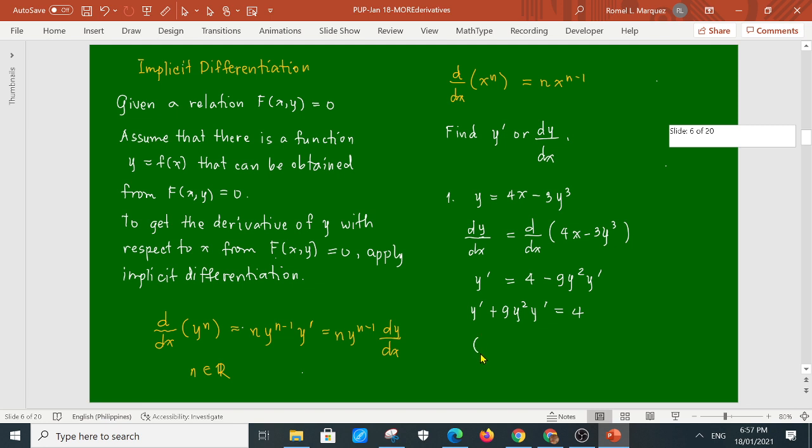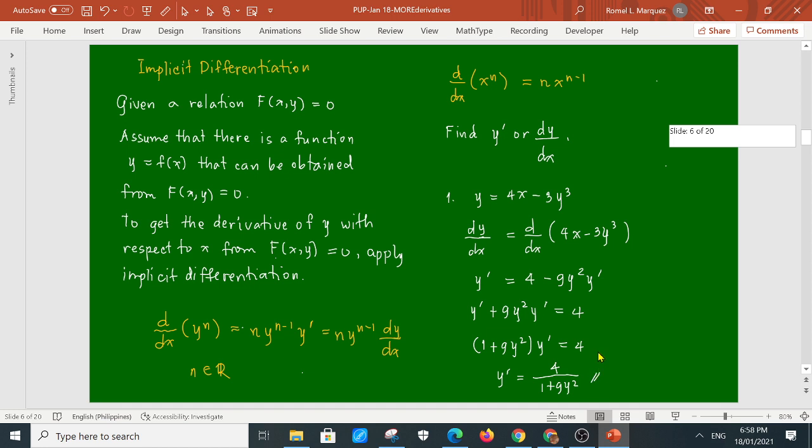Solving for y prime, we have to isolate it first, no? 1 plus 9y squared, then multiplied by y prime equals 4. Finally, y prime is equal to 4 all over 1 plus 9y squared. That's it.